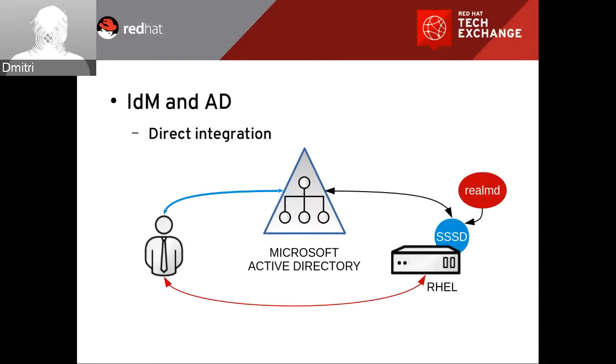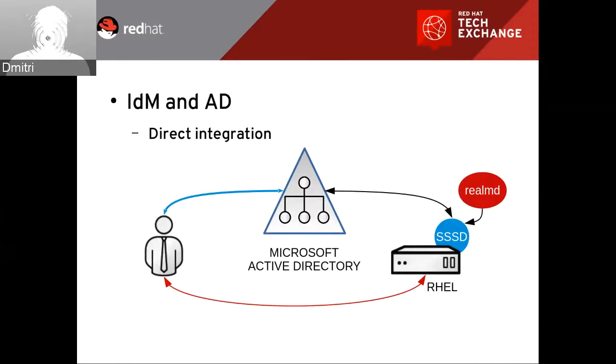realmd is the new component that was added in RHEL 7, and it allows you to detect the presence of the domain controller in the environment. It looks at the DNS and scans which servers provide the Kerberos and LDAP services, and pokes at the servers and services and determines whether it is Active Directory or IdM, and allows you to configure SSSD automatically based on what it detected.